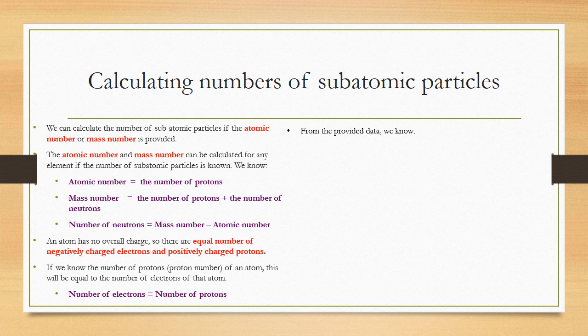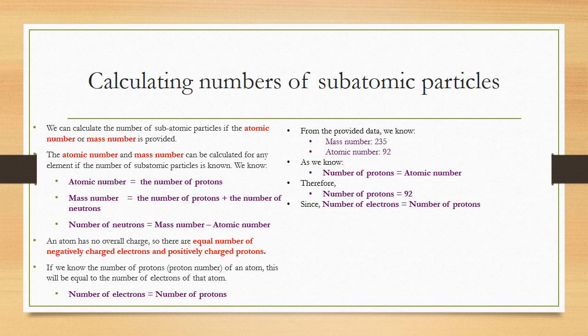From the data we've been given, we know that the mass number or nucleon number is 235 and the atomic or proton number is 92. From that, we now know that the number of protons equals the atomic number. So therefore, the number of protons in uranium is 92. Every atom of uranium has 92 protons.